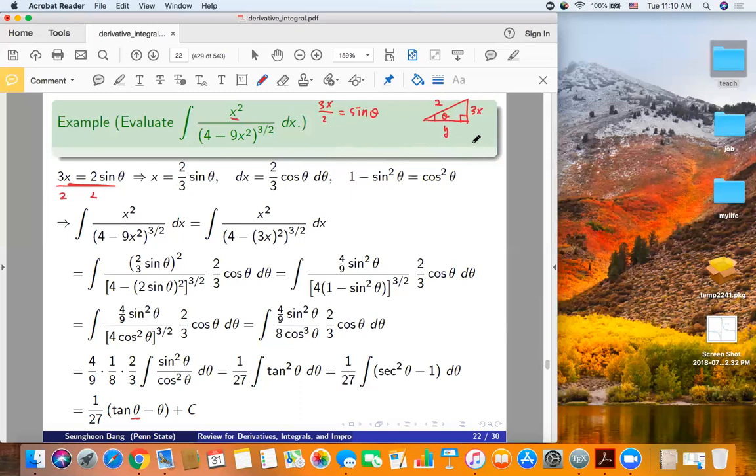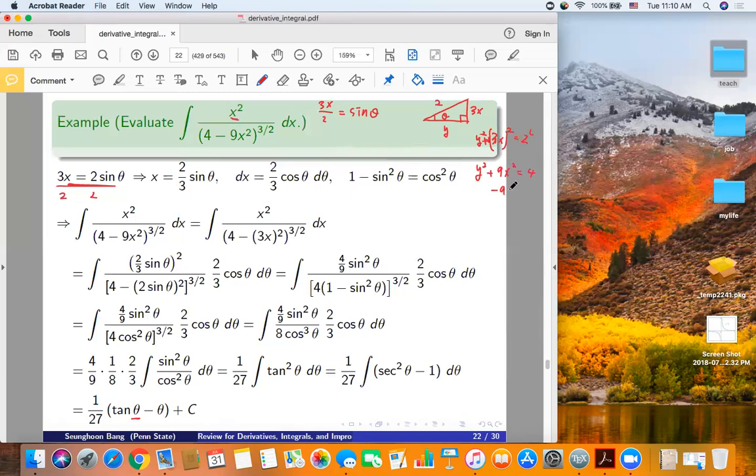So we have y squared plus 3x squared equals 2 squared. So y squared plus 9x squared equals 4.